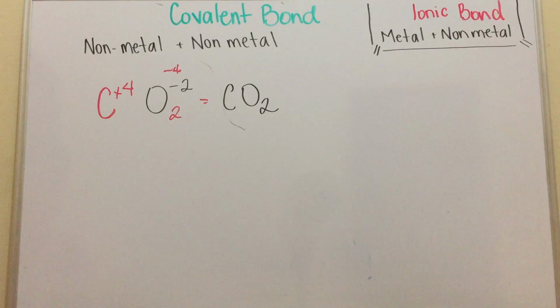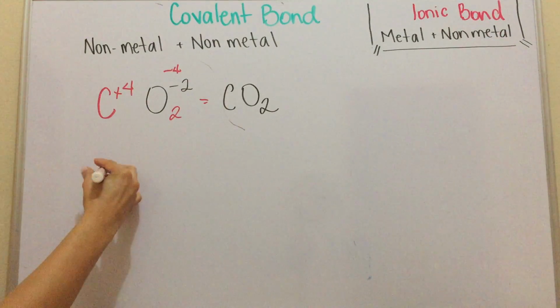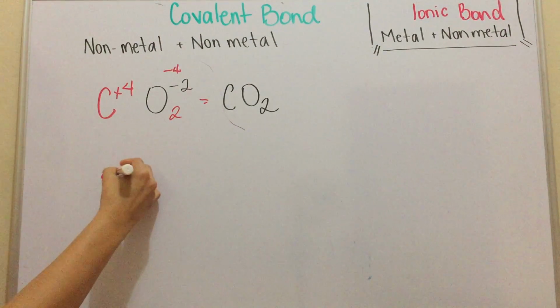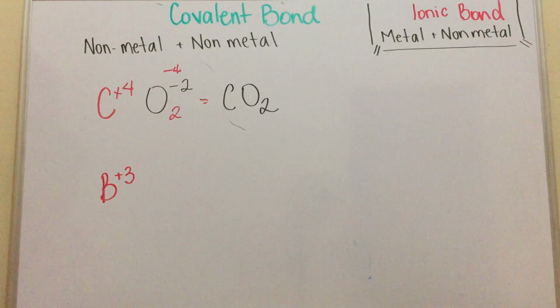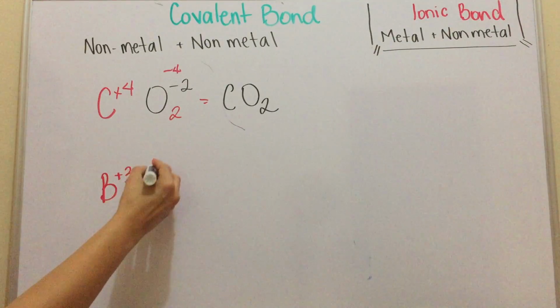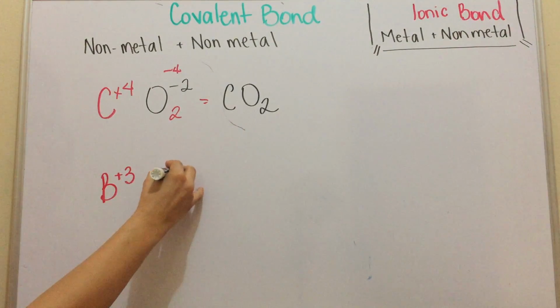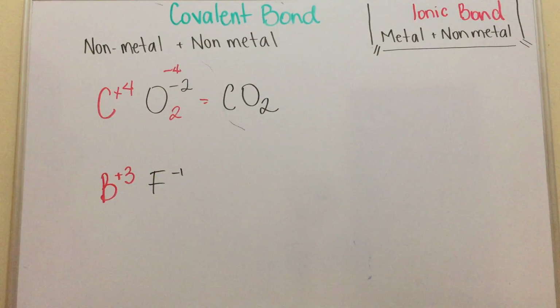Alright, let's make another example. Let's say boron. Boron is also a non-metal that has a positive charge. So we have boron +3. And let's add it with fluorine. Fluorine has a charge of -1. So again, we need to make an addition so that this adds up to 0.